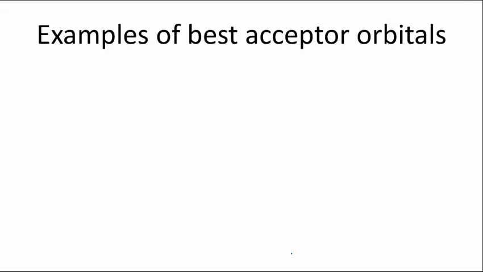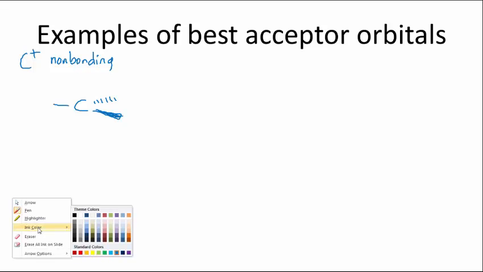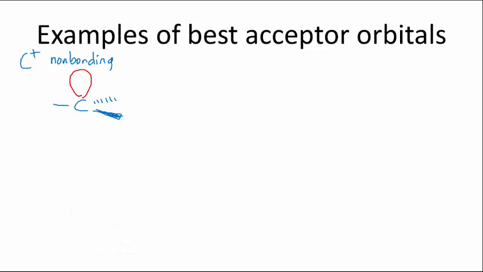So then, examples of our best acceptor orbitals, like we said, carbocations. If you have a carbocation, its geometry looks like this, and it's got this wide open empty p orbital just screaming for electrons.